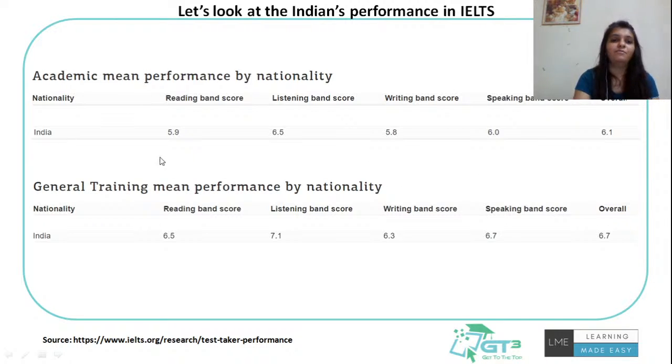People are majorly facing problems with reading, because heavy content is given in it. As we live in India, we get detached from our studies, and especially for immigration purposes, we start working and we don't have regular conversations in English.